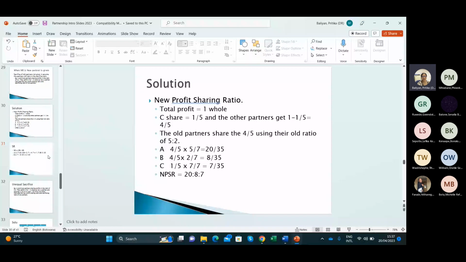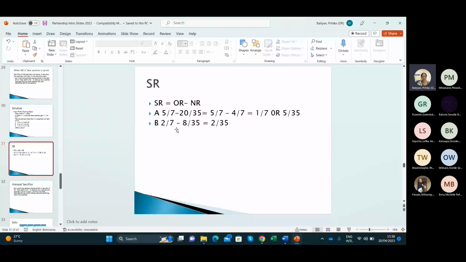Same thing here: 2 by 7, here 8 by 35. These are odd and even numbers. You cannot divide by any even and odd figures, so this one here you have to change.